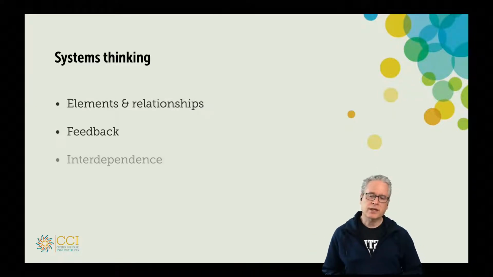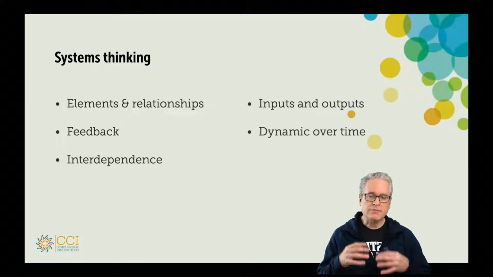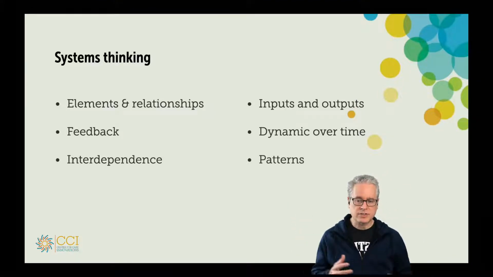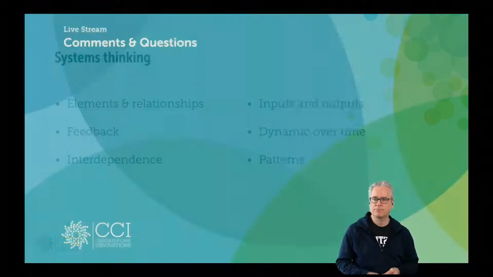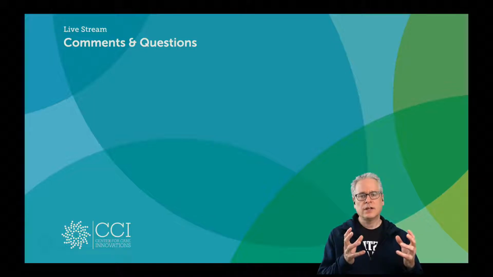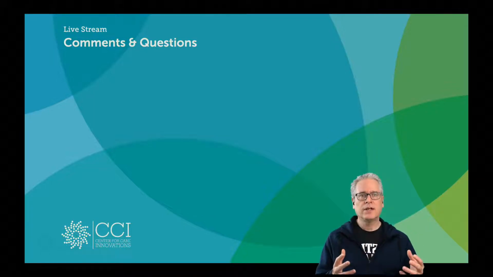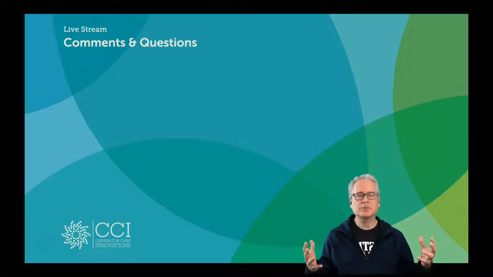So think about the elements and relationships, the feedback that can happen in your system, interdependence, inputs and outputs, dynamics over time, and patterns. With that, I'll stop and see if there are any questions. It's a very short overview of systems design, but hopefully it gives you a sense, with the permaculture example, that when you start really thinking about systems, vast transformations can happen.